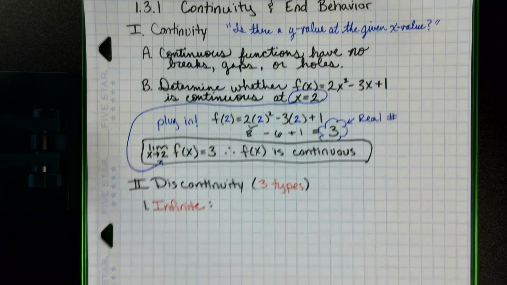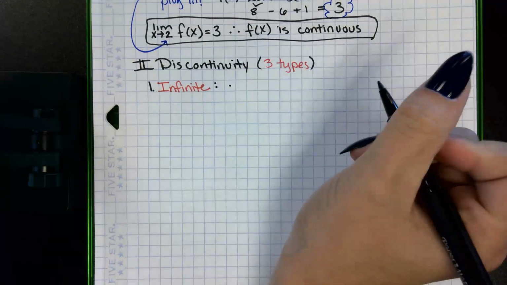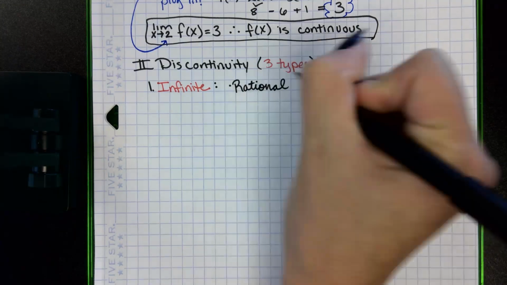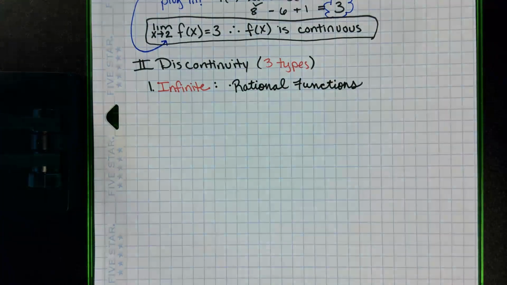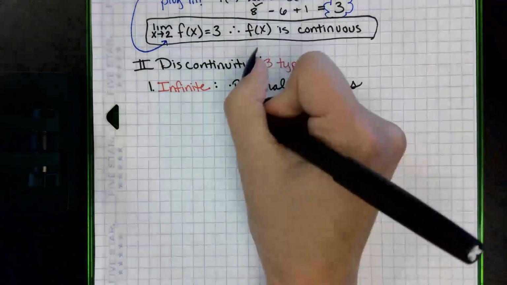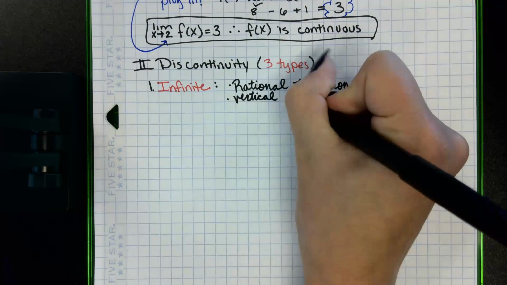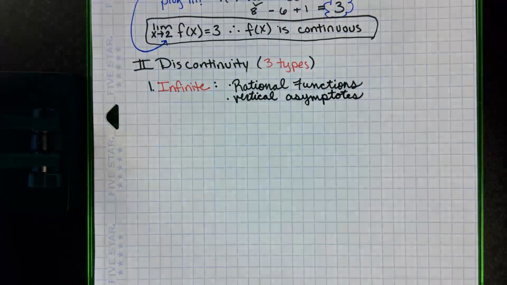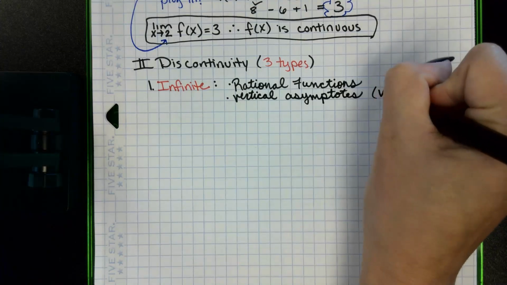We know to look for an infinite discontinuity if we have a rational function, because rational functions have vertical asymptotes, which I'm going to call VA.